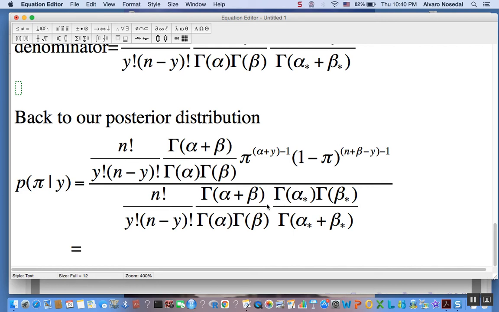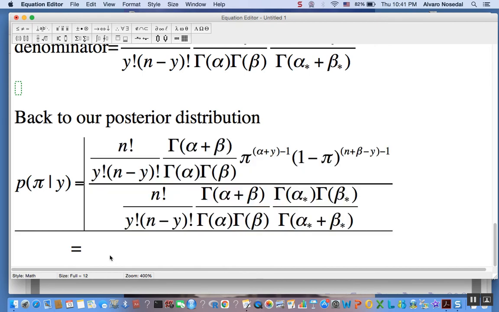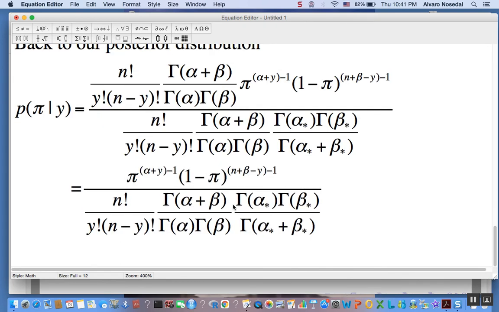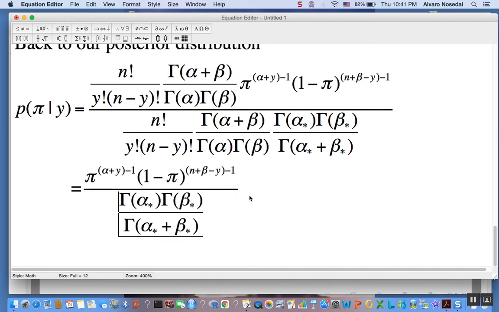Okay, so in the end, what we have is something that is nicer. Just that, right? Now let's simplify a bit more that expression. Note that we are dividing by gamma evaluated at alpha star plus beta star, right?